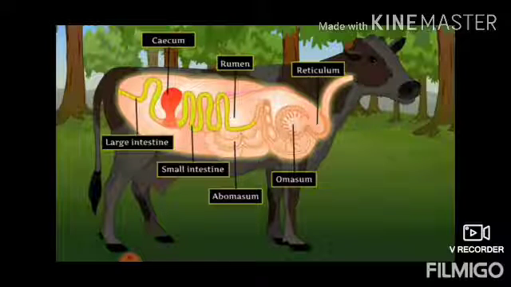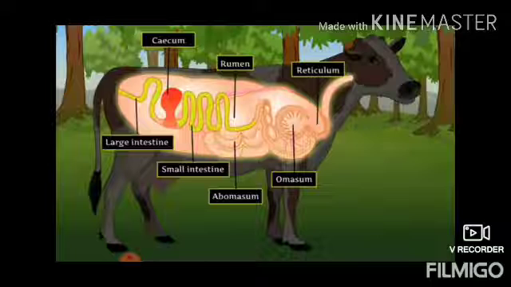There it is completely digested and sent to the small intestine. In the small intestine, it gets absorbed, and more digestion takes place and it is absorbed into the bloodstream.